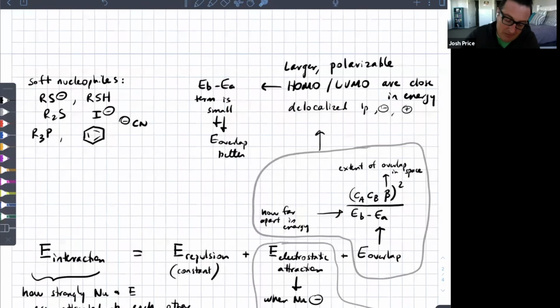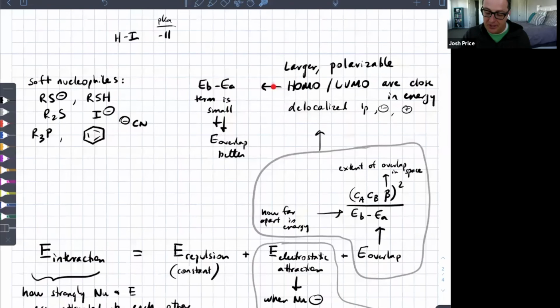Because I minus is the conjugate base of a really strong acid, pKa minus 11. Well, then how on earth is I minus a good nucleophile? And the answer is because it's larger and more polarizable.